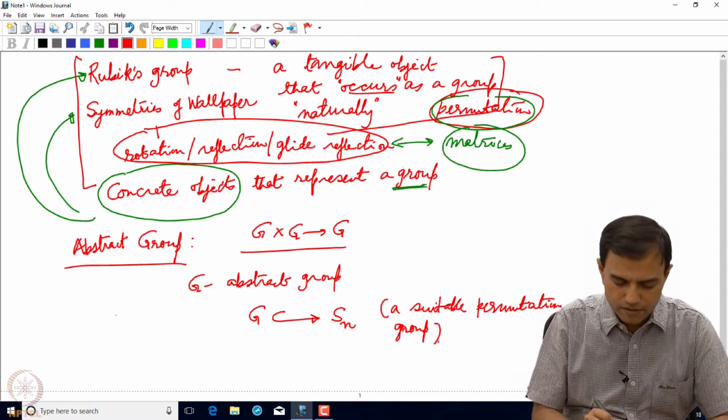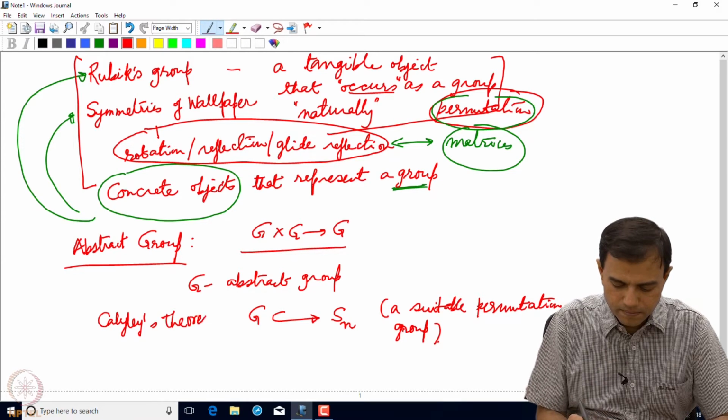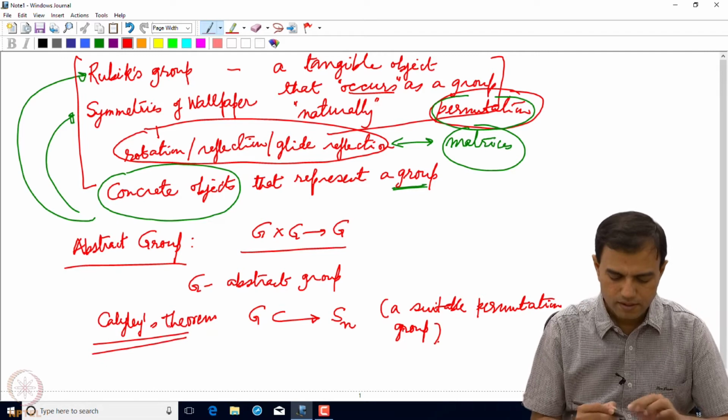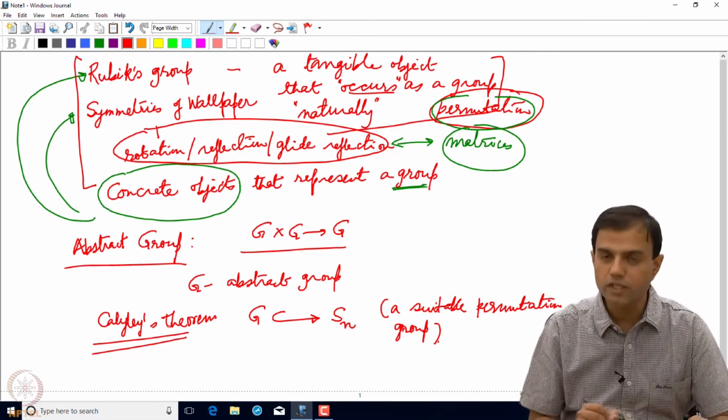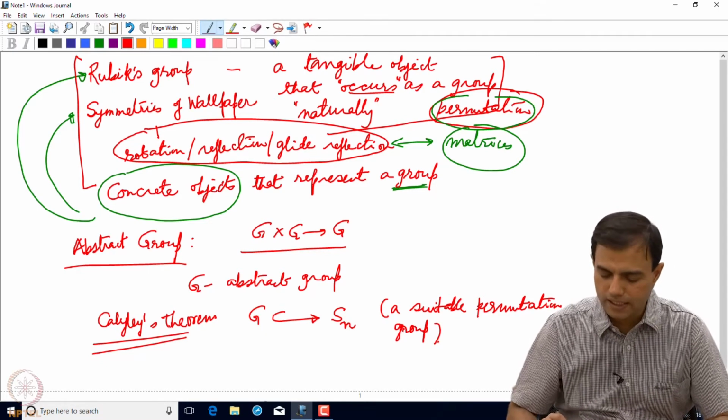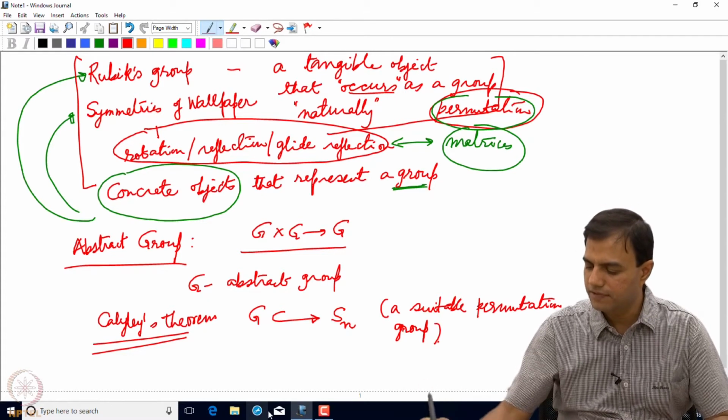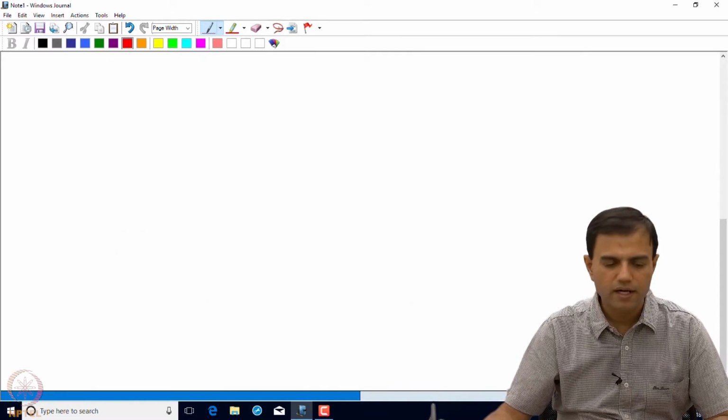And that is called Cayley's theorem. So what is that? How can we realize any group as if it is sitting inside Sn?